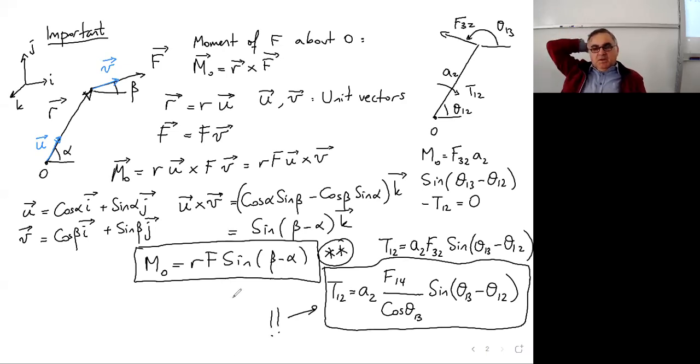As you see, we have found a closed form solution for the slider crank mechanism, the torque of the slider crank mechanism. This is true for all lengths, for all angles, etc. Given F14, you can find T12 if you assume static force analysis.